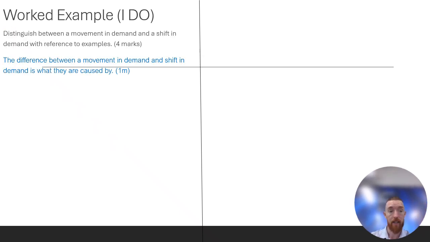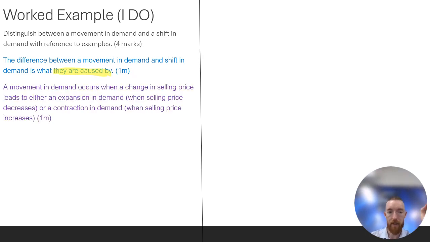So what this might look like, the difference being first: the difference between a movement in demand and a shift in demand is what they are caused by. A movement in demand occurs when a change in selling price leads to either an expansion in demand or a contraction in demand. So it gets one of those marks.